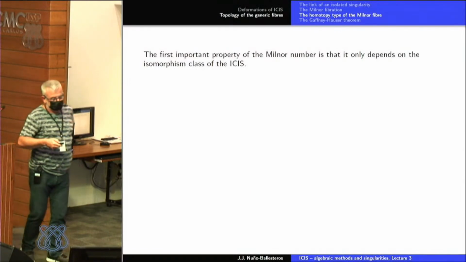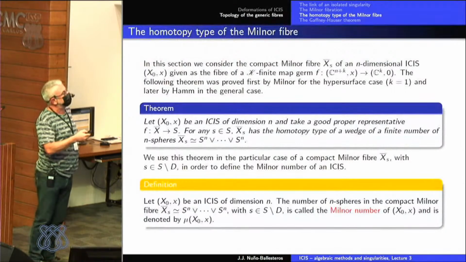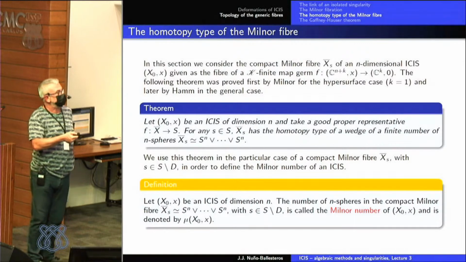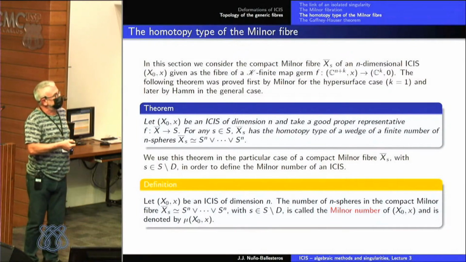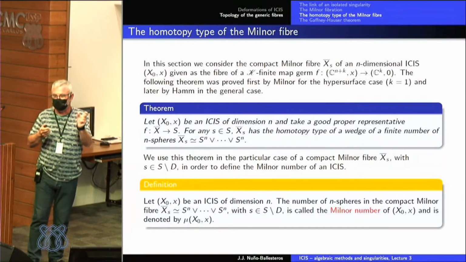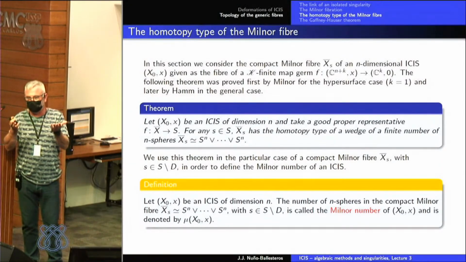Well, the first important property: by the previous theorem, by the previous section, we know that the compact Milnor fiber only depends on the map germ F. But we don't know if it is independent of the choice of F, because for the same ICIS, we might have different Fs.